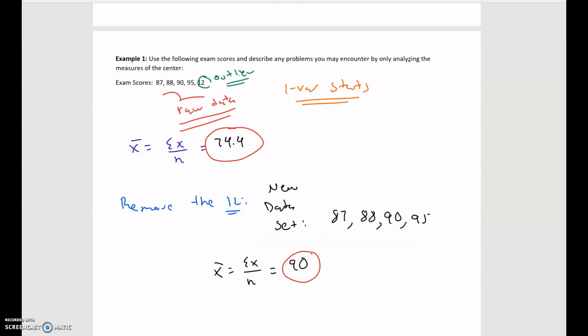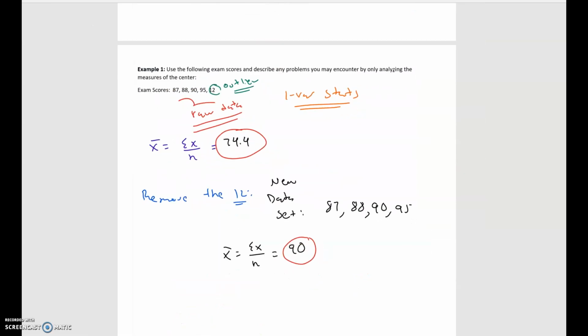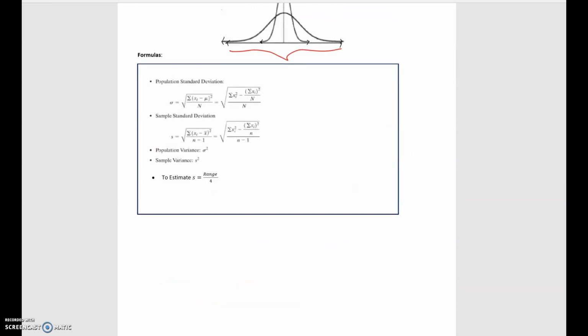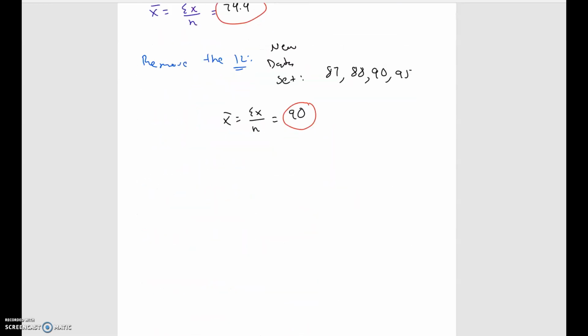That's it for example 1. I just wanted to illustrate that even though the measurements of the center are very good to evaluate, they're not the best in order to come up with predictions. Don't worry about any of these formulas, as they will be given to you. You just need to know when to utilize them. They will be printed on your future midterm exam.